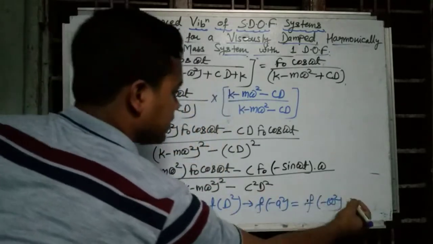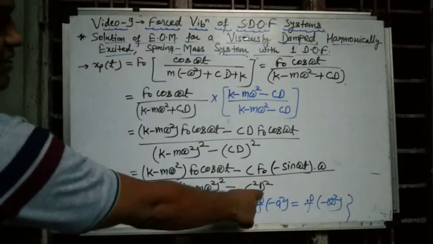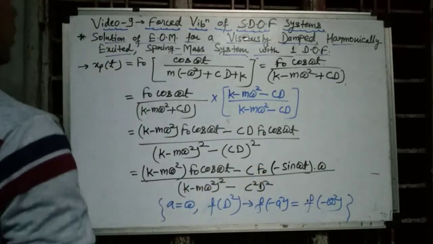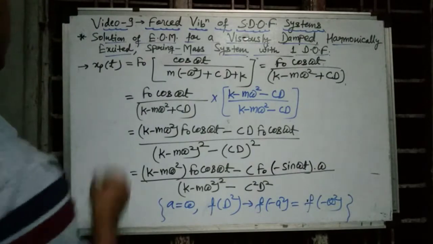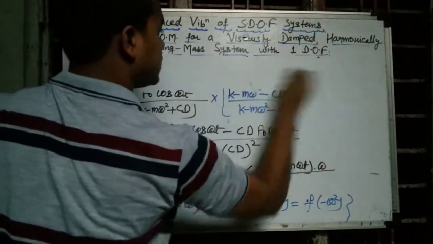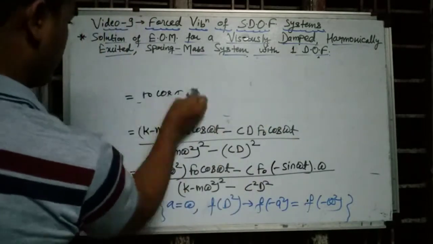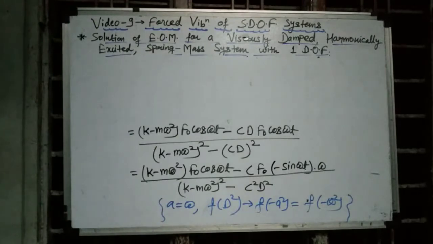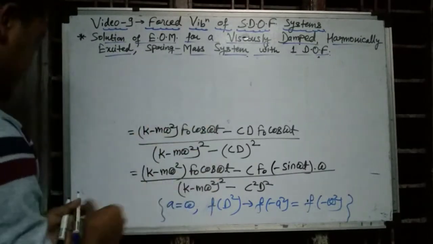Once again the same thing has come, so instead of writing this d square, I should write minus omega square once again. Please remember what I have done. For better experience, you can pause the video and watch it, to understand these expressions.